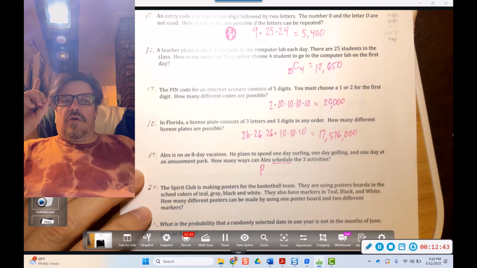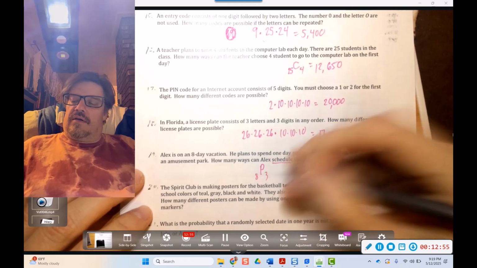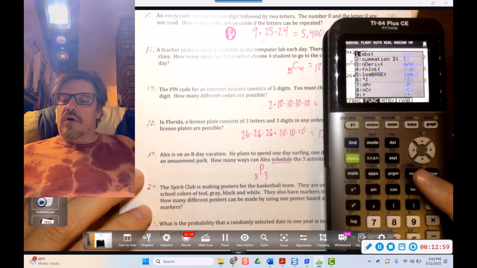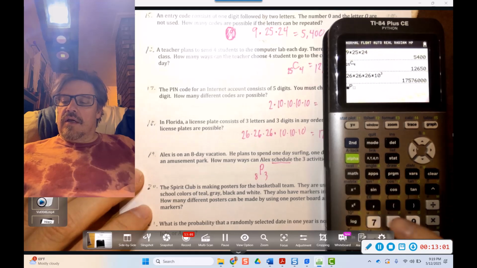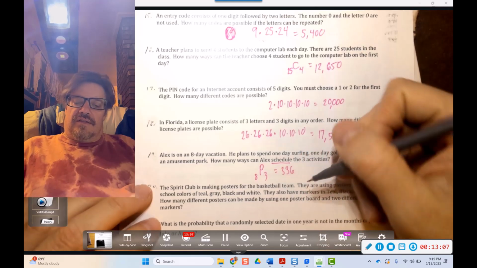The order is going to count, and it can go in any of those slots. 8 choosing 3. Yeah, 8 choosing 3. Okay, all right, I was overthinking. So permutation, 8 choosing 3. 336 different ways to schedule those events.